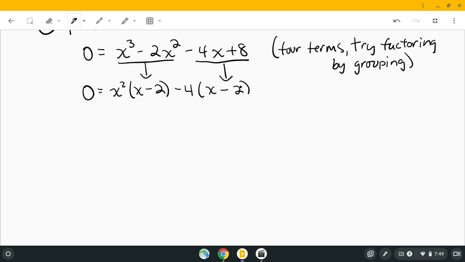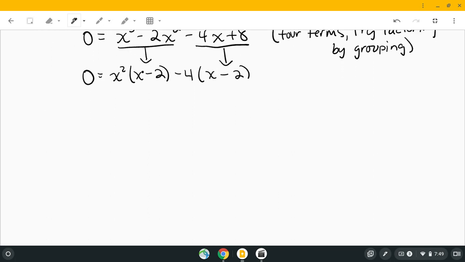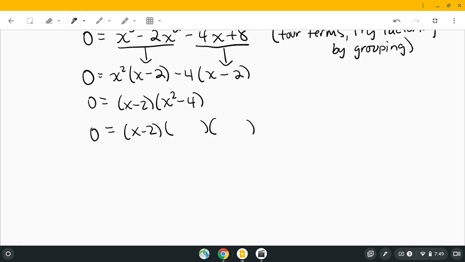All right, good. And if you do this correctly, then inside the parentheses should match x minus 2. So now I'm going to factor out the x minus 2, and I'll have x squared minus 4 left. But I recognize x squared minus 4 as the difference of 2 squares. So that's going to factor out as x plus 2, x minus 2.